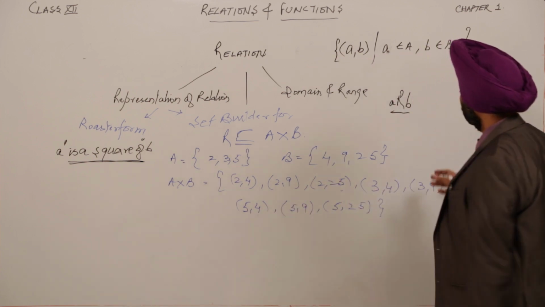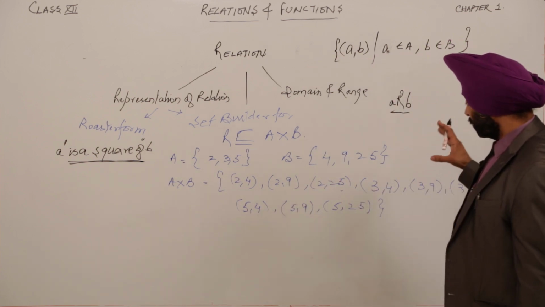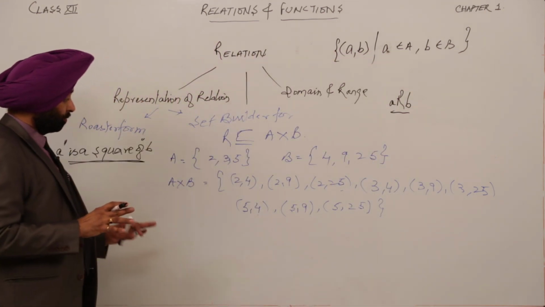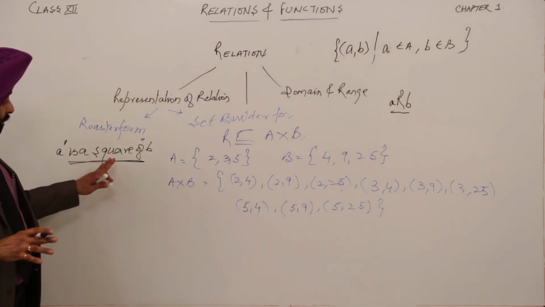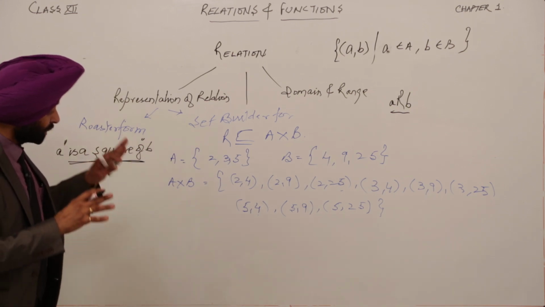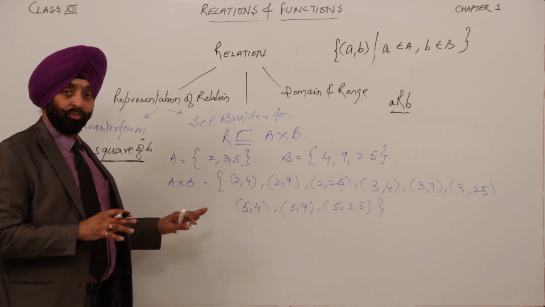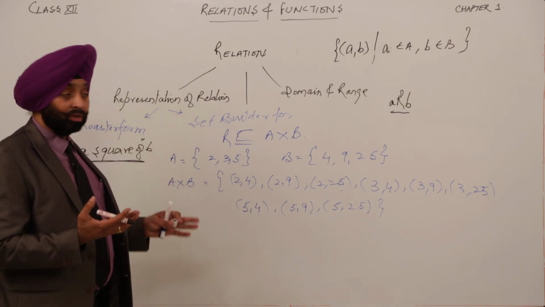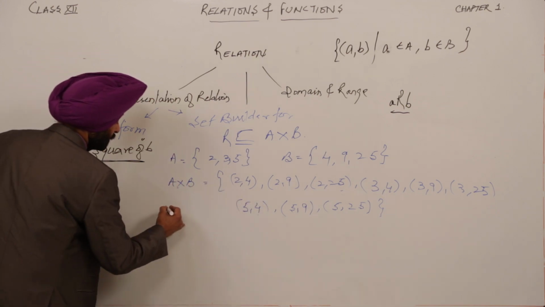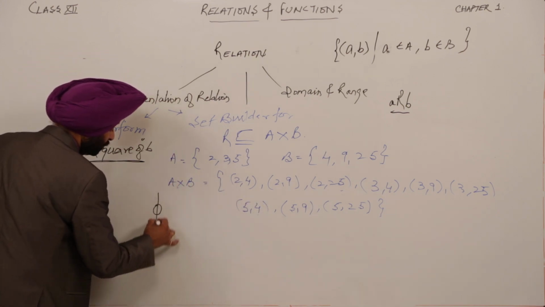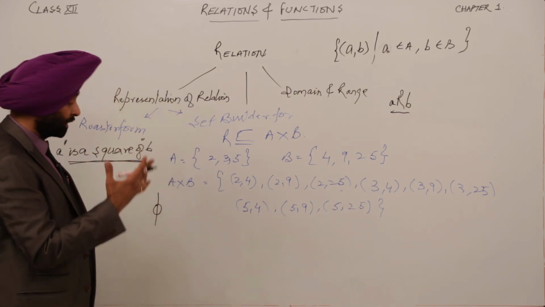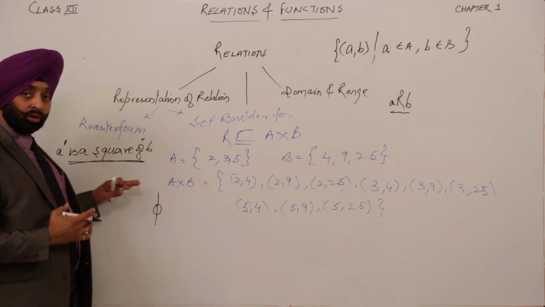Now select from it: A is a square of B. Can you tell me which is the square of B? None is there. Nothing is there in these. We can term this an empty relation. We will discuss these things further in the next module.